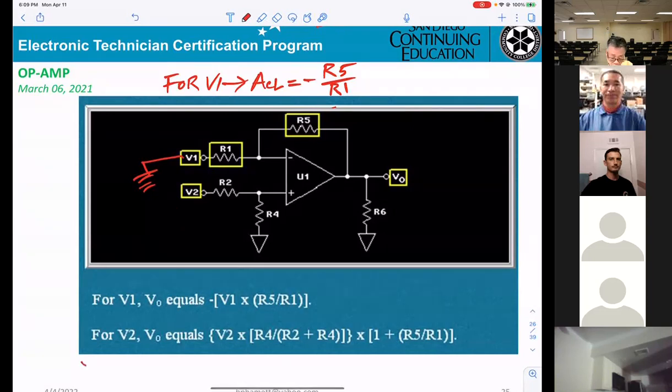Okay, for V2, ACL equals. Non-inverting will be 1 plus, right? Plus what? Plus R5 over R1. Perfect.